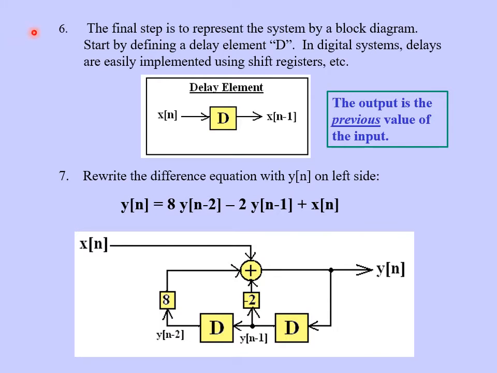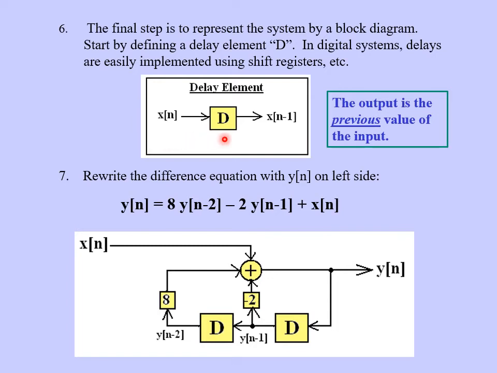All right, so the final step in this problem is to represent the system by a block diagram. In order to do this for a discrete time system, we need a subsystem or an element called a delay element. A delay element is very straightforward in digital systems, for example. Delay elements are implemented by using a shift register, but we don't really need to worry about that right now.